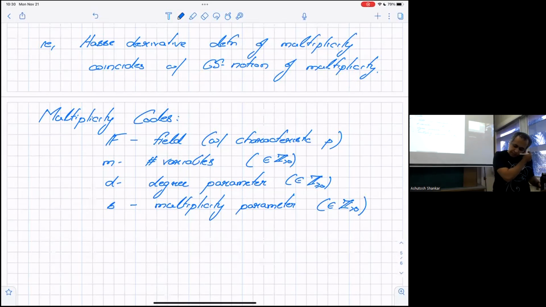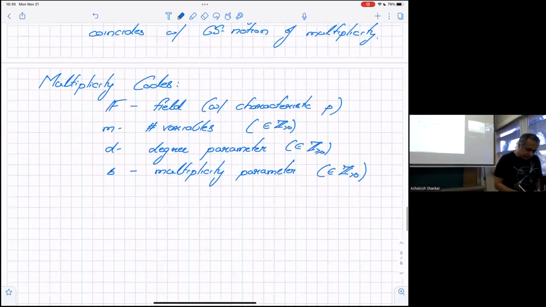Now it's going to be the same object. We are going to interpret the message as the coefficients of the degree D polynomial, and the evaluation as giving out values.